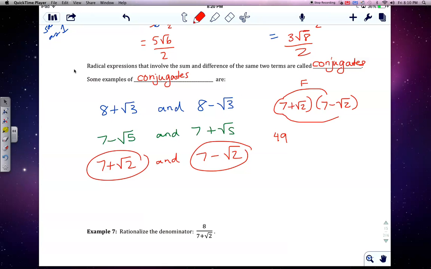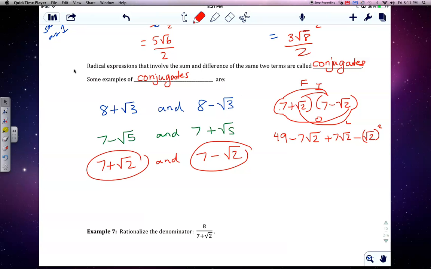Outer times outer, so 7 times the square root of 2 is positive 7 square root 2. And then last would be these two right here. Positive times the negative is negative, so minus the square root of 2 squared.